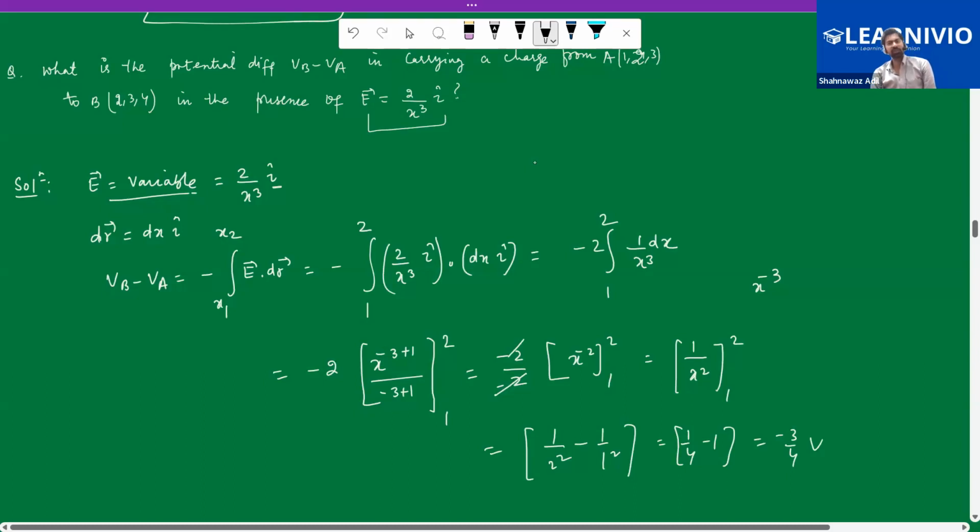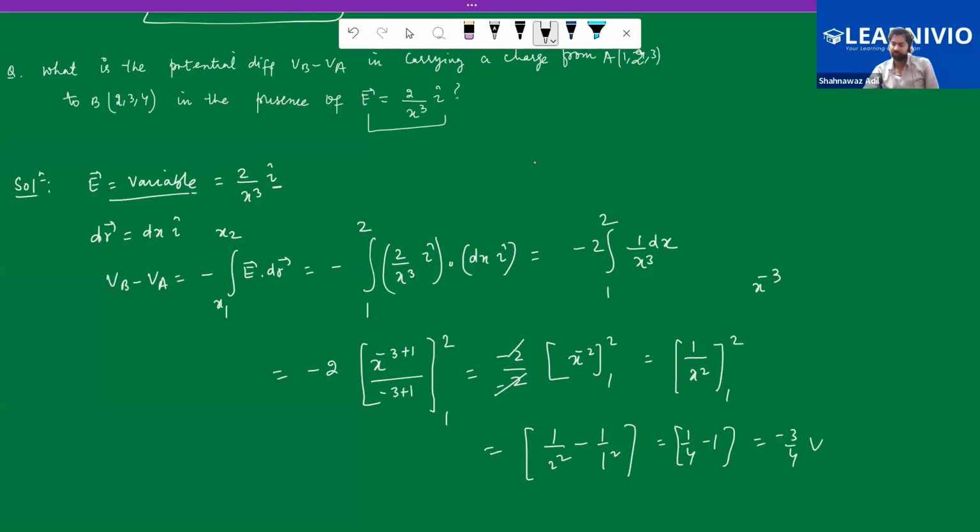If it is clear, then quickly note this thing down. Yeah, please note this thing down. Whenever you have noted, please tell.